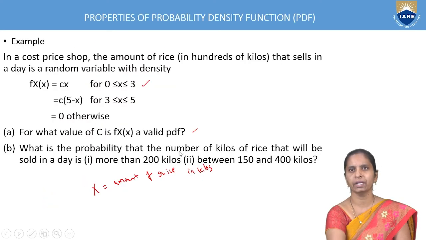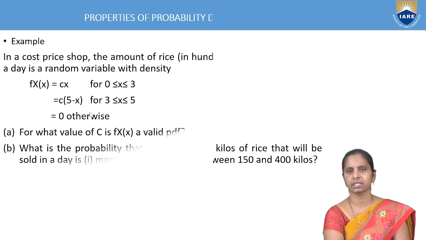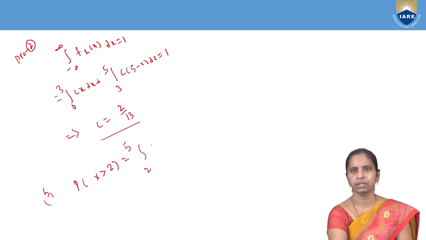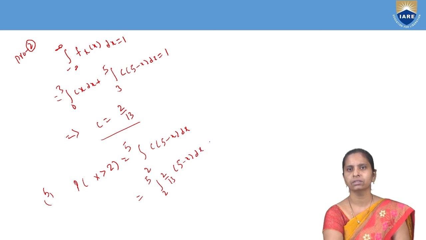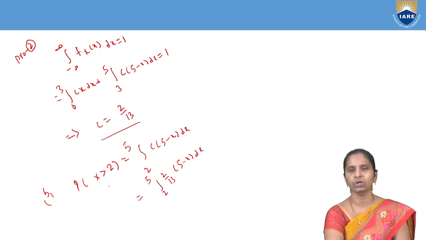In 2 to 5, what is my density function? C into (5 minus x). So the integral from 2 to 5 of C(5 minus x) dx. Don't make it equal to 1 because you have to calculate this value. With C equal to 2 by 13, this gives the probability that rice sold is more than 200 kilos per day.